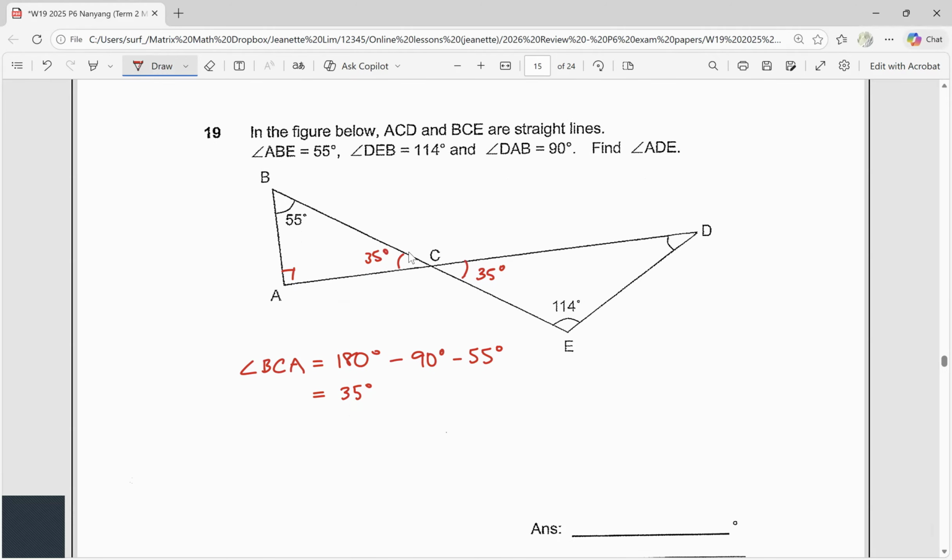So if you want to find angle ADE in this triangle, you take 180 minus 114 minus 35, which is 31 degrees. Okay, so answer 31 degrees for angle ADE.